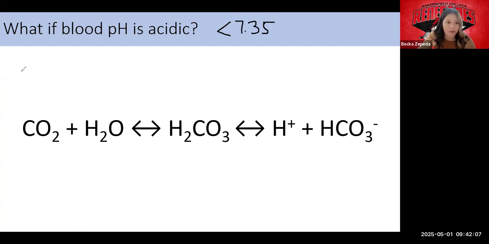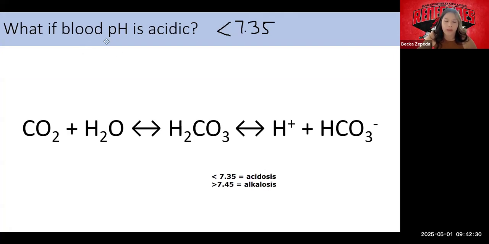You can make a little note here: less than 7.35 is considered acidosis, and greater than 7.45 is considered alkalosis. And again, acidosis is much more likely to occur than alkalosis.